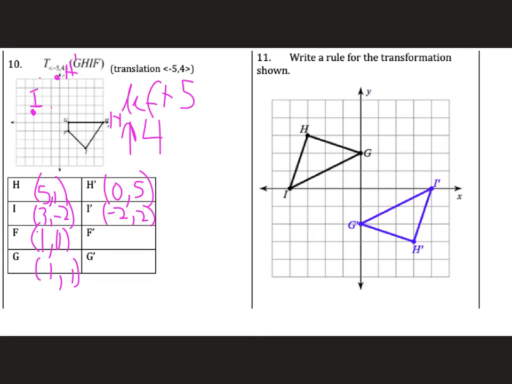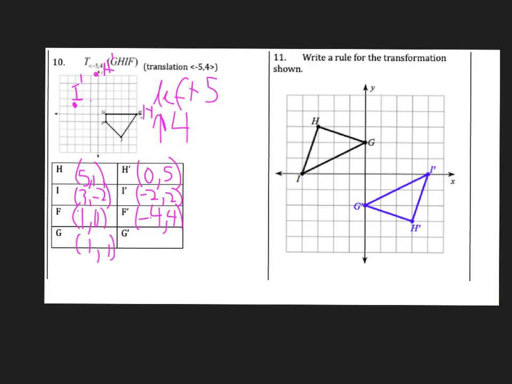That's I. And then F is going to go left 5, so negative 4. All I'm doing is subtracting 5 from the X, and then adding 4 to the Y. Negative 4, 4. I can't quite see that, so let's go ahead and move this. Oops, I think I messed up I.